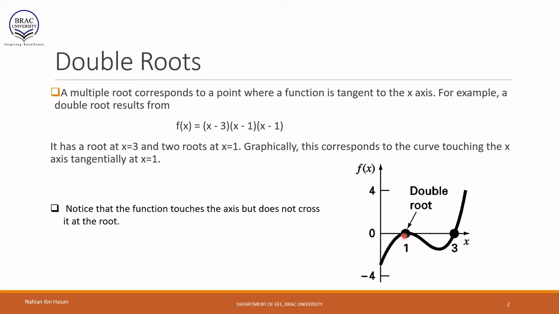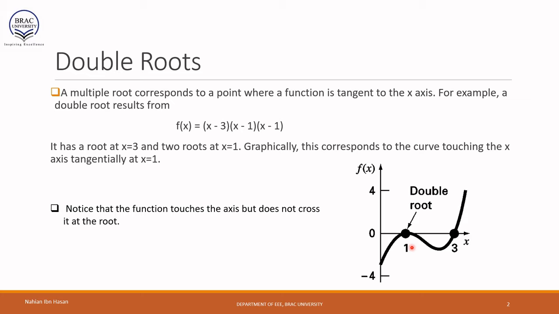If you remember from the discussion of a few lessons before, whenever a function touches the independent axis, that means the x-axis, there will be multiple roots at that point. So from the graphical approach, if we see that the function touches the x-axis at x equal to 1, this is the condition for having multiple roots.